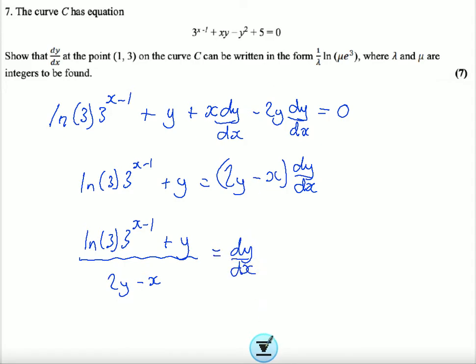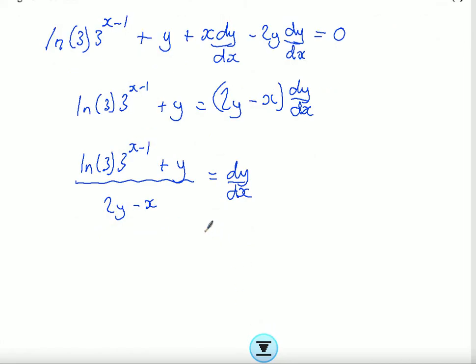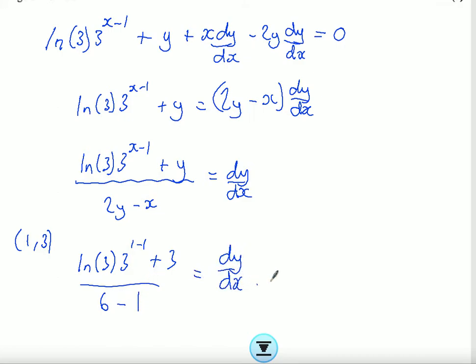Okay, we're getting somewhere at least. We were told the coordinate, weren't we? We were told the coordinate 1, 3. So let's sub that in. So we're going to get ln 3, 3 to the 1 subtract 1, add 3, all over 6 subtract 1 is equal to dy by dx. So that's ln 3 add 3 over 5.